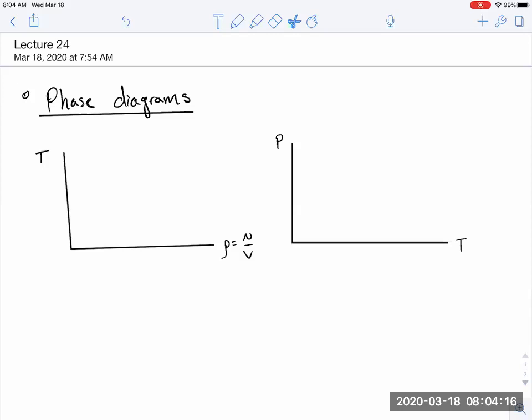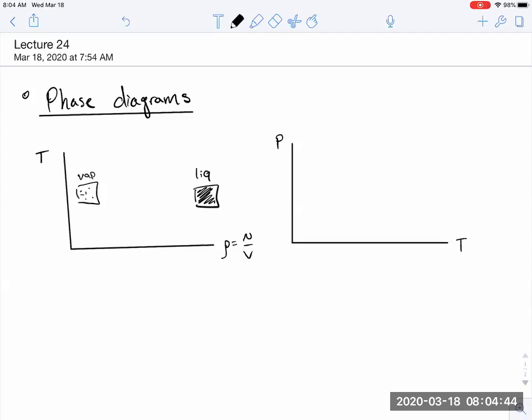If I was going to think about where a liquid state was likely to be, well, a liquid state is something that occurs at high density as opposed to low density. I might imagine there's a liquid phase over on this side of the phase diagram. Over on the other side of the phase diagram at low density might be a vapor.